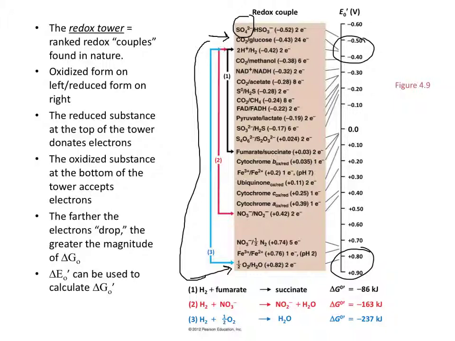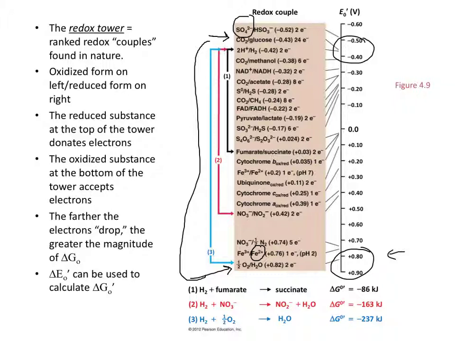It's a very good way for cells to get energy. You already know a lot about aerobic respiration, but let's apply the redox tower to some other questions. Let's say you were looking at a microbe found in an environment that contained ferrous iron, Fe2+, down here at the bottom, and you wanted to know, in an aerobic environment, could that act as an electron donor, and could a microbe gain energy from that process?